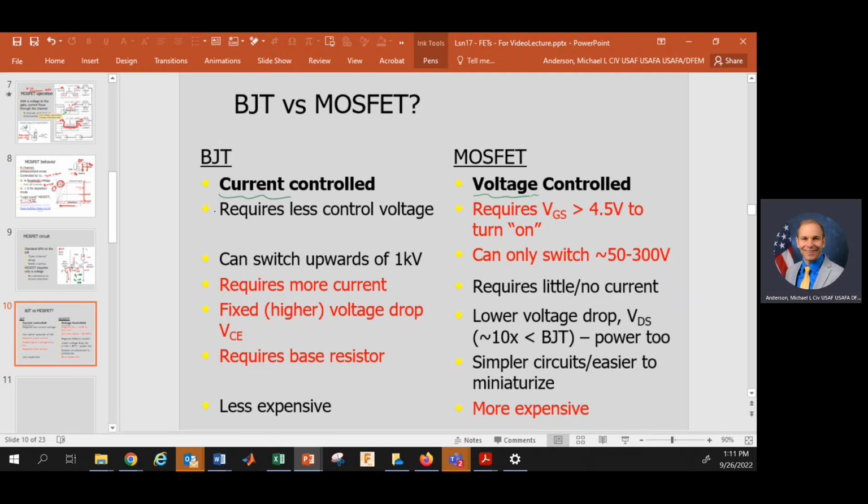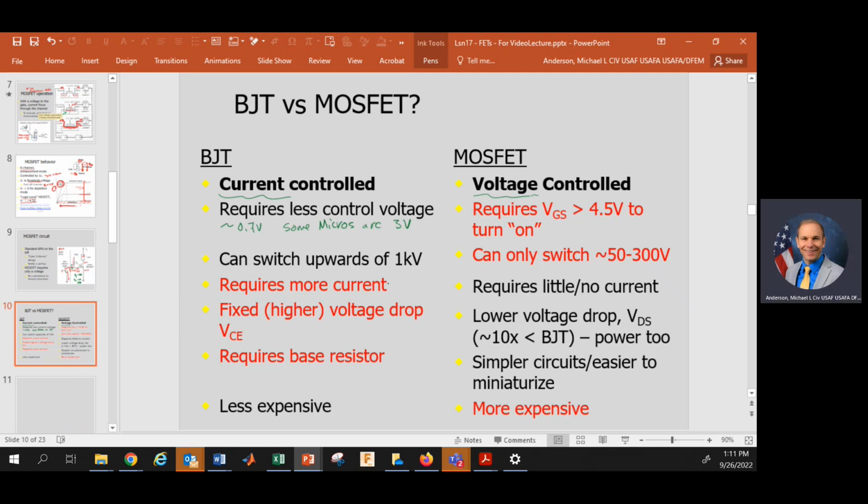Now, in general, a BJT requires less voltage. Remember, we only need about 0.7 volts to get it forward biased. Some micros only operate on 3 volts. So if you're using one of those devices, you would not be able to use a MOSFET unless you did some other scheme to amplify the voltage, whereas a MOSFET requires greater than 4.5 volts from gate to source to turn it on.